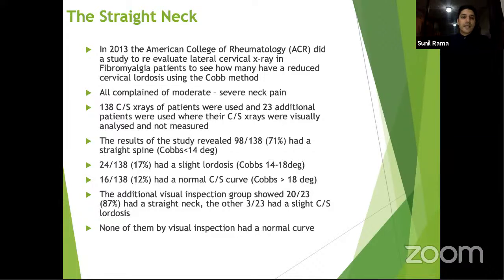And the result of the study, from the 138, 71% had a straight spine, 17% had a slight lordosis, and 12% had a normal cervical spine curve. The additional visual inspection group, where they were not measured, 20 out of the 23, that's 87%, had a straight neck. And the other 3 had a slight cervical spine lordosis, but none of them, by visual inspection, had a normal curve.